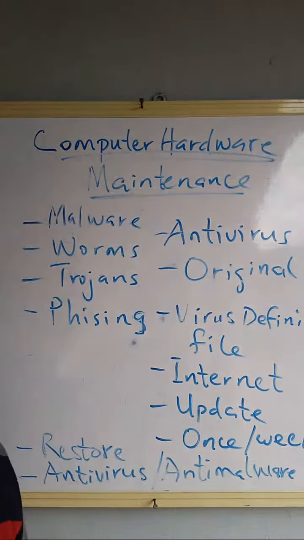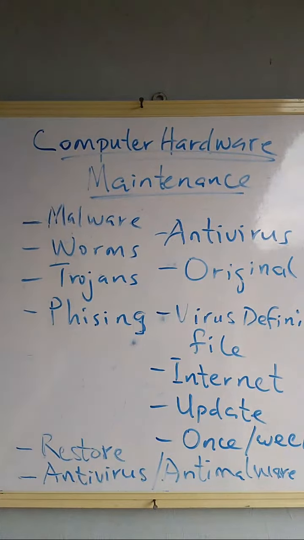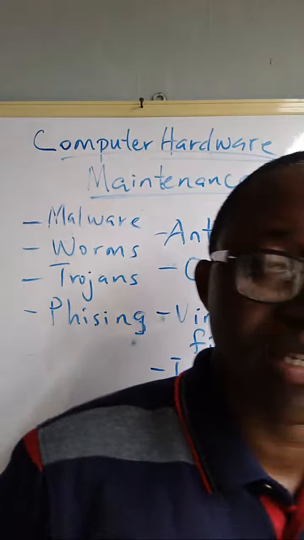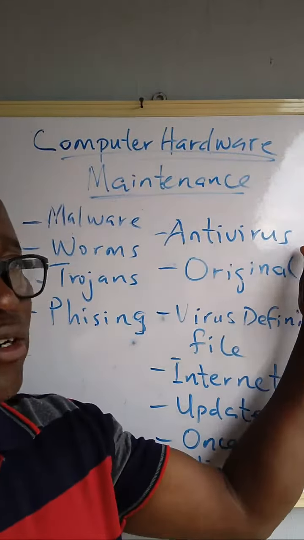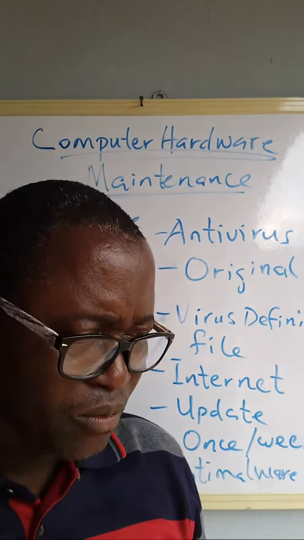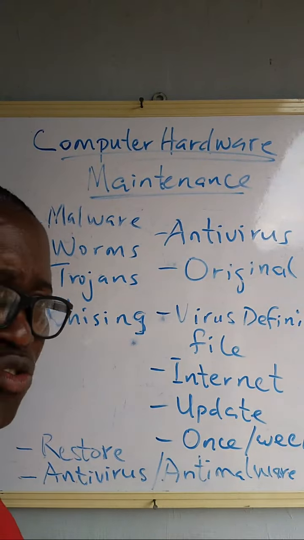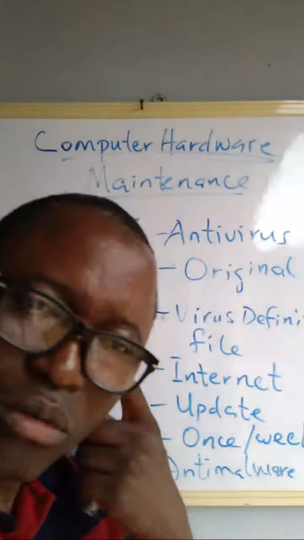All right? Apart from that, what else is needed? Using antivirus is not just that I install it and it's okay, I continue to use it like forever. No. You need to carry out system maintenance using your antivirus. How do you do that? From time to time, you ask the antivirus to scan your system for you.